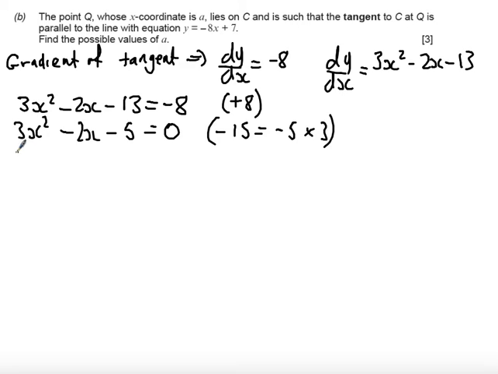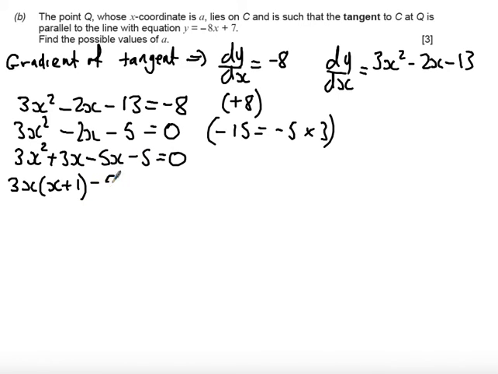So if I rewrite this, splitting that middle term, 3x squared plus 3x minus 5x minus 5 equals 0. I can factorise the first pair of terms, so I get 3x(x plus 1). I can factorise the second pair of terms, so taking out minus 5, and I get (x plus 1).